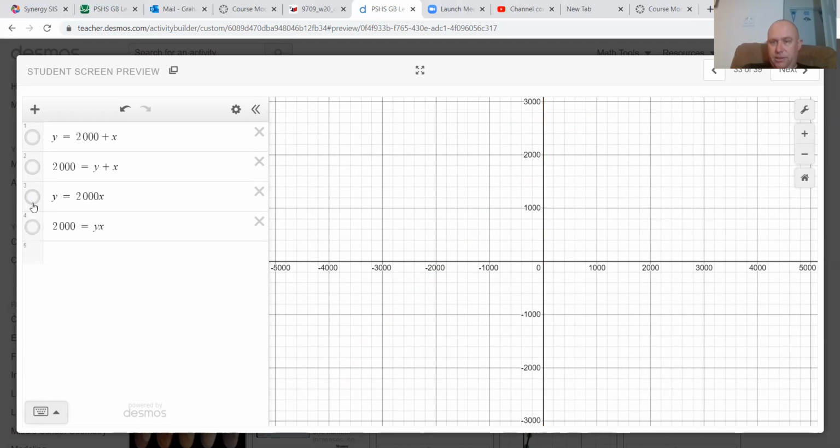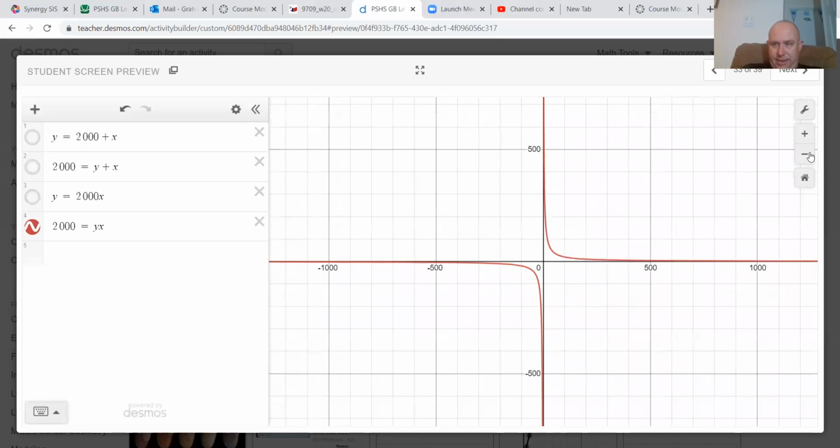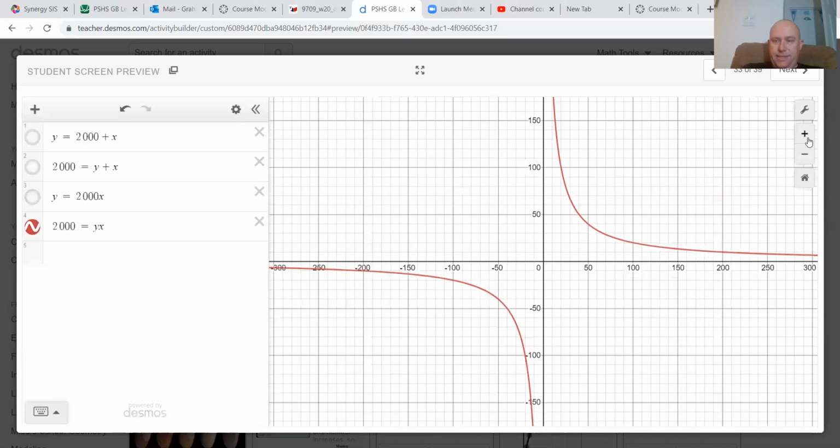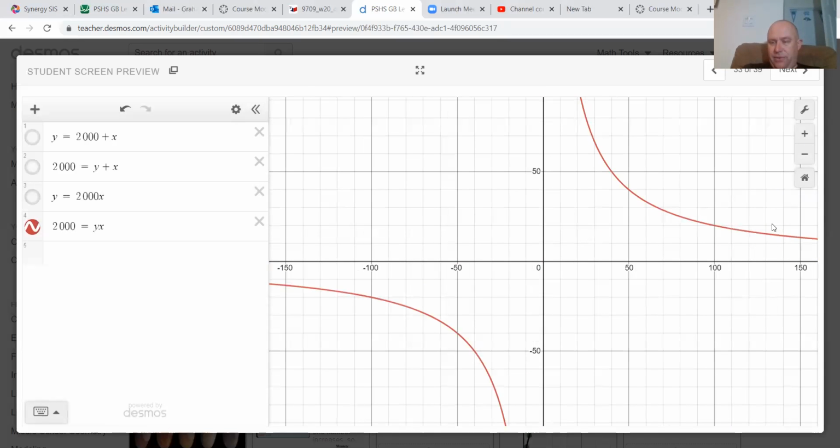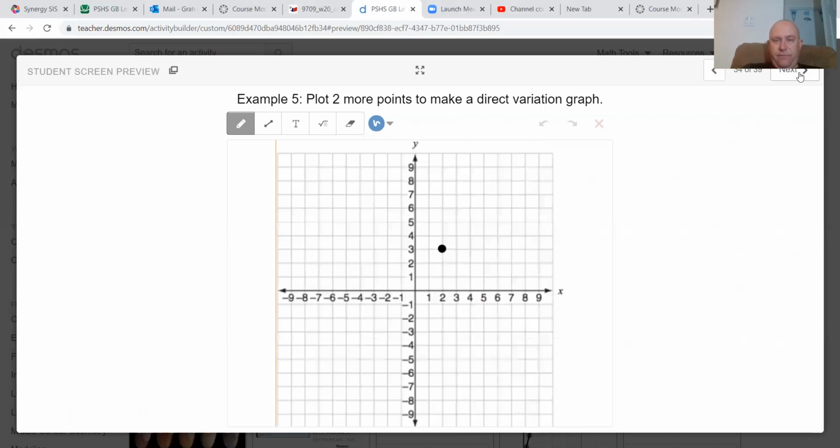You kind of got to notice there, that's almost vertical, that line, because it has a slope of 2,000. Whereas that last line, and I might have to zoom back in again here, hopefully you can see that is definitely that curved graph that we saw earlier for inverse variation. So shapes of graphs can often find you the answer if you're not sure.